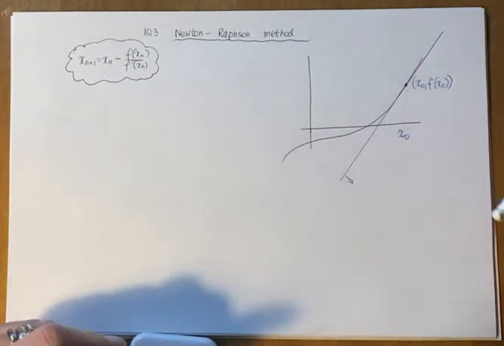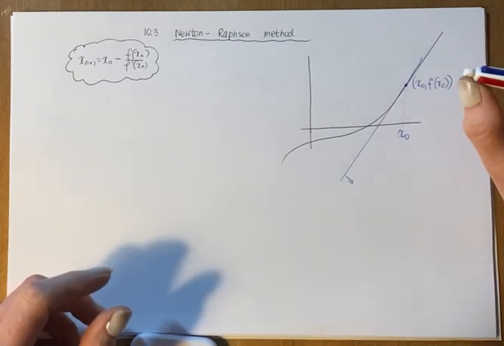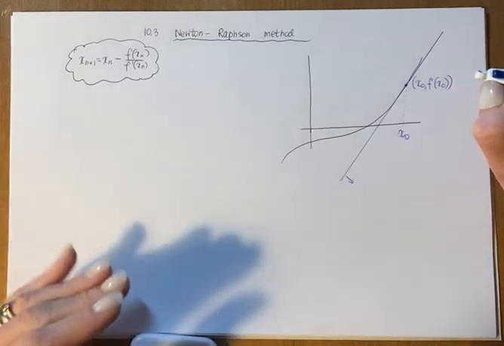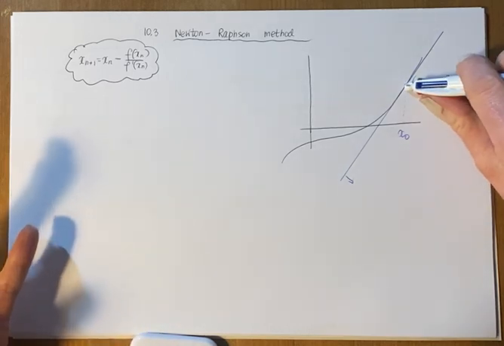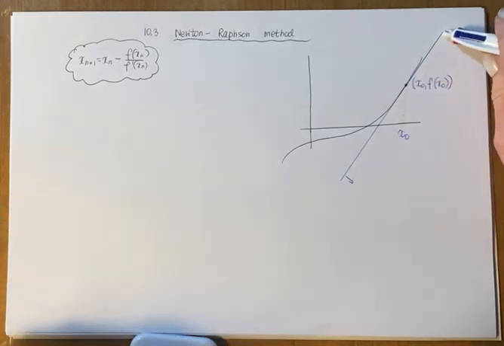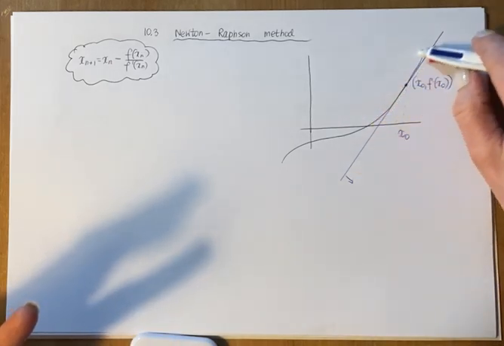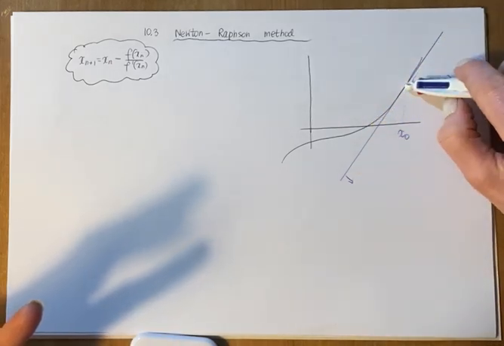Now, where does it come from? It simply gives you an idea of starting from a point on the curve, and then you are finding the equation of the tangent at that particular point.